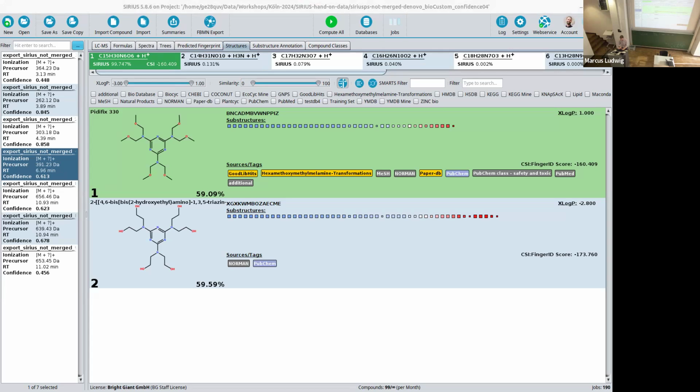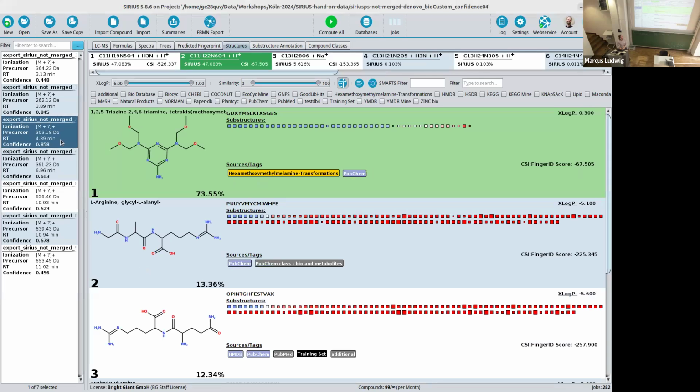I think I also highlighted it in the slides if you want to have another look afterwards. I think I highlighted all these compounds. Maybe one thing: you also can check for a compound whether the adduct annotation was correct.